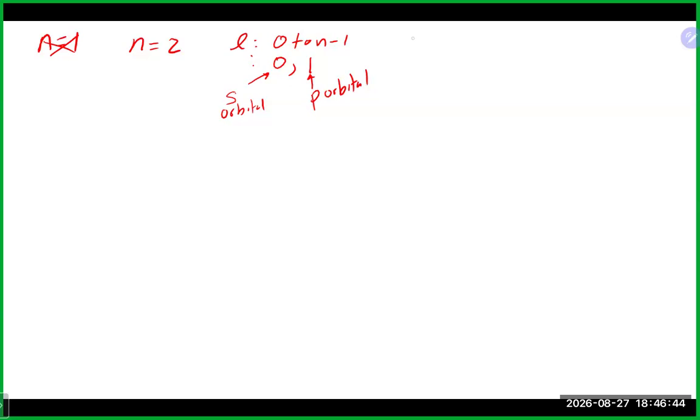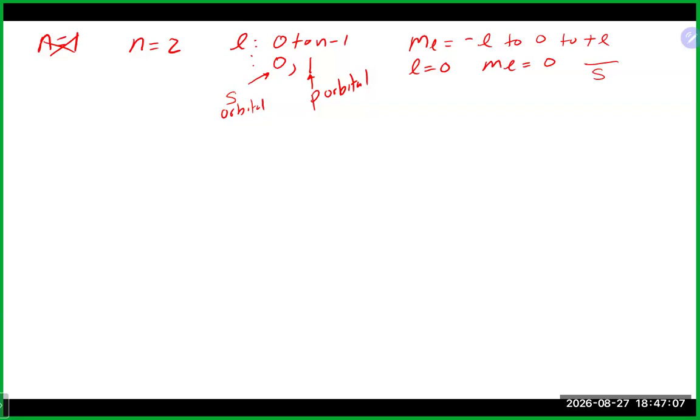Now, for m sub L, which goes from minus L to 0 to plus L, for each value of L we could actually do this. For our L equal to 0, the only option for m sub L is 0. That is why we have one s orbital.